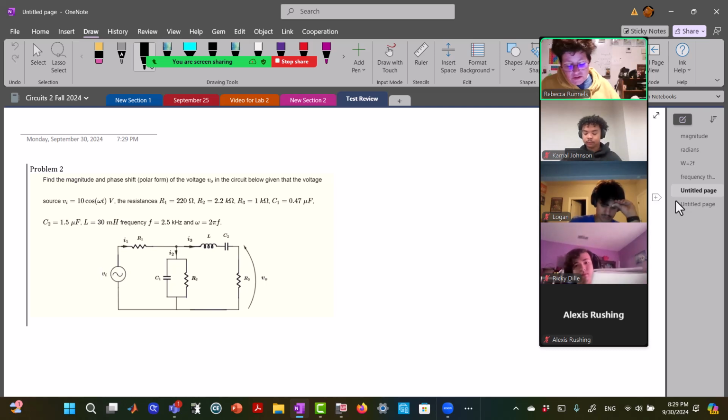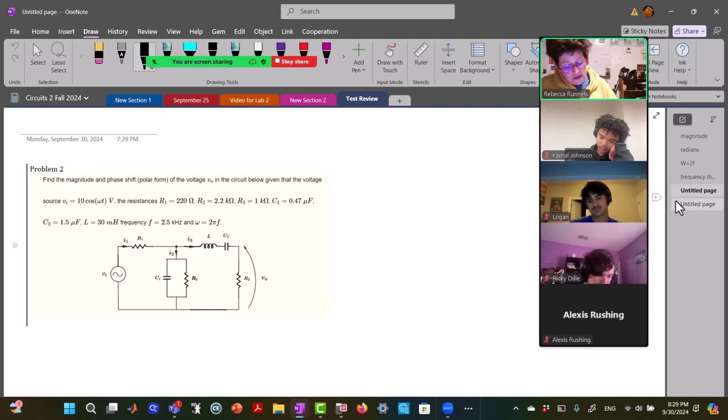So now we want to find the magnitude and phase shift, that just means the polar form, of the voltage V0 in the circuit below, given that our voltage source is 10 cosine omega t, the resistances are 220 ohm, 2.2 kilo ohm, 1 kilo ohm.